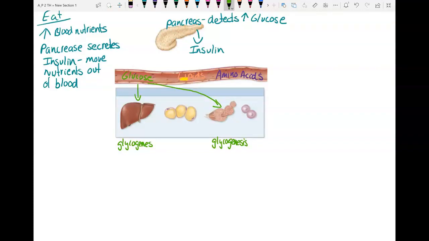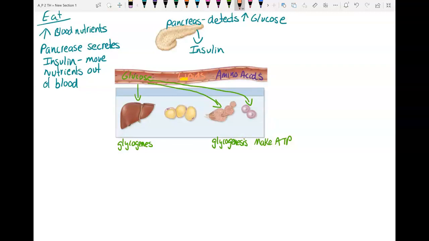On the end here, those are just general cells. They will also take up glucose, but they're not going to store it as glycogen. They're going to use it to make ATP. So all the cells in your body in response to insulin are going to take up glucose, use it to make ATP. Extra glucose is going to be stored as glycogen in your liver and your muscles.